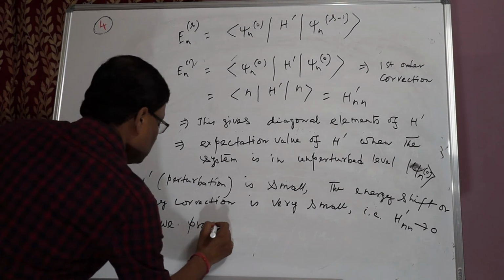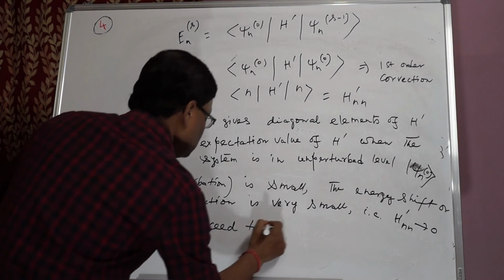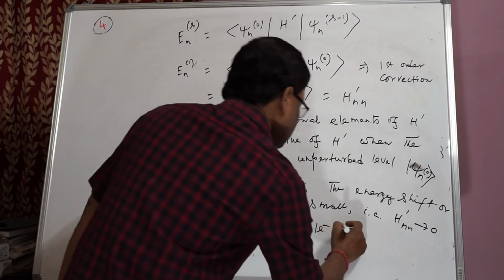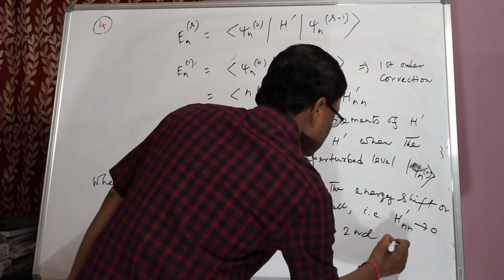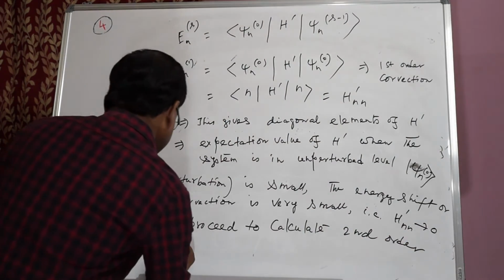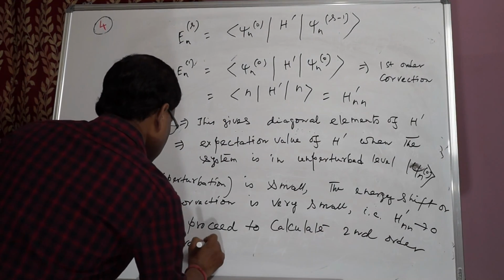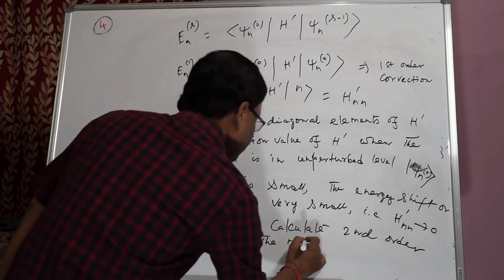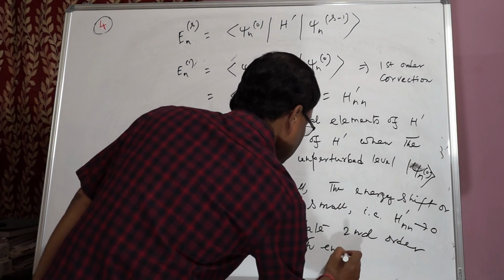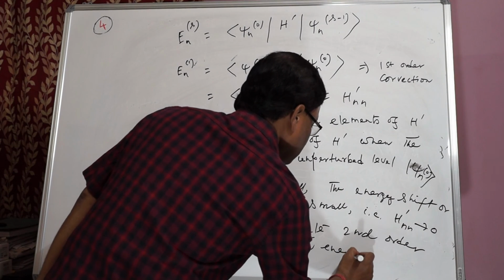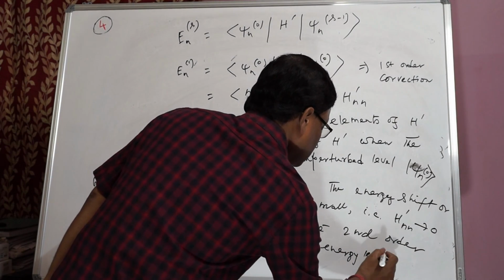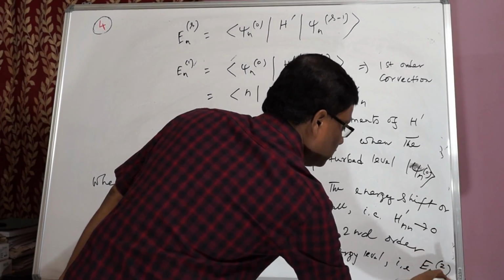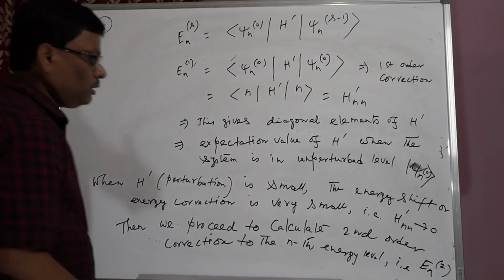In that case we proceed to calculate the second order correction to the nth energy level, that is E n2.